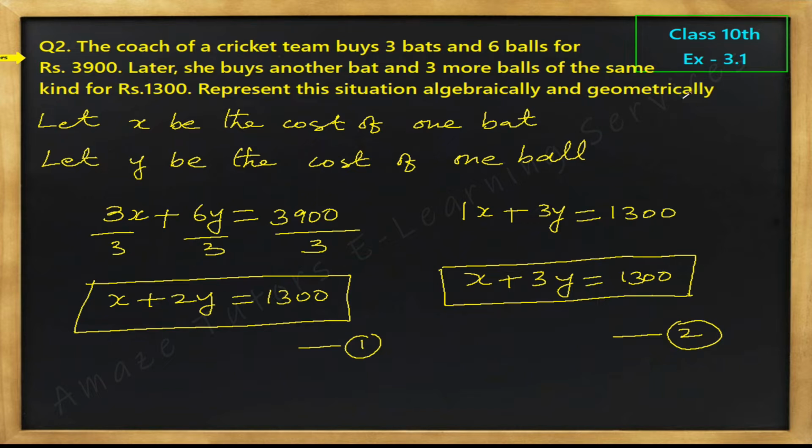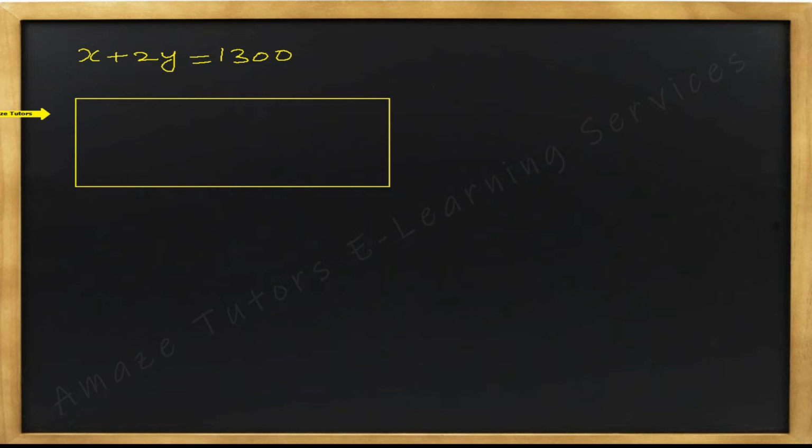Now let's do it geometrically, which is graphing actually. For that, we will form the XY table. Let me continue in the next board. Let me take the first equation, x plus 2y is equal to 1300. In the XY table, I am going to take 3 values, 3 coordinates this time for x and find the respective y value.